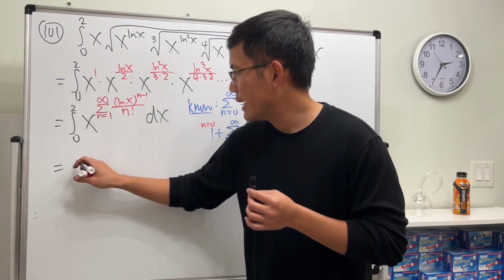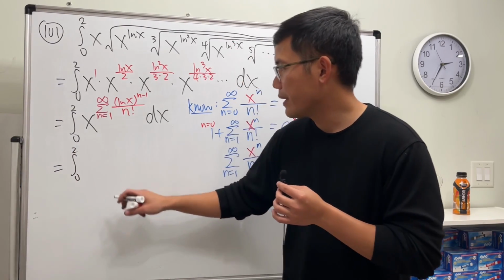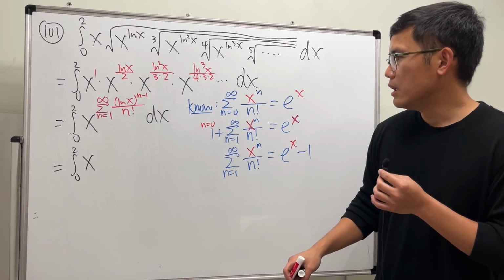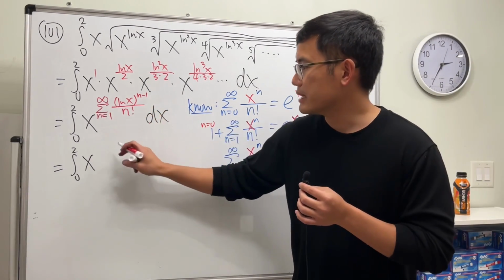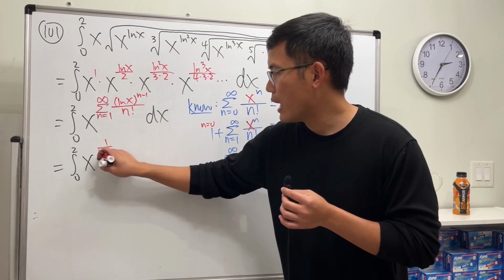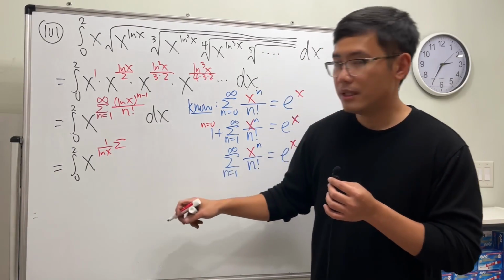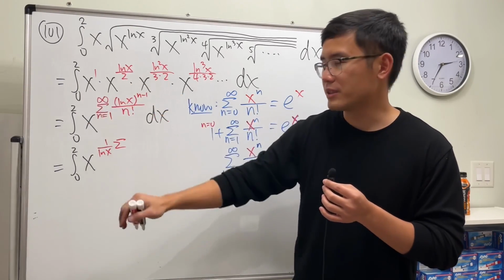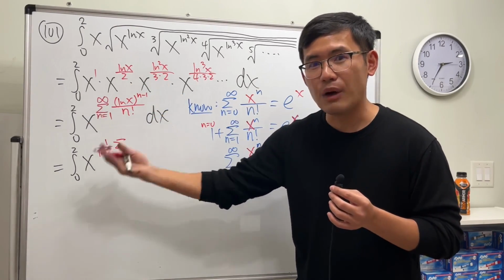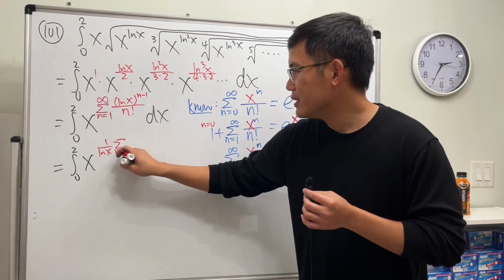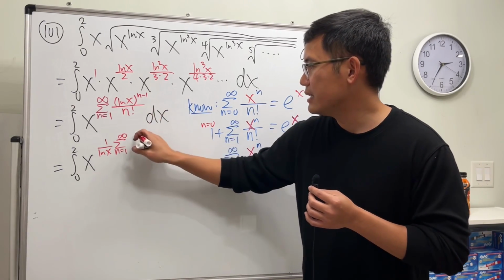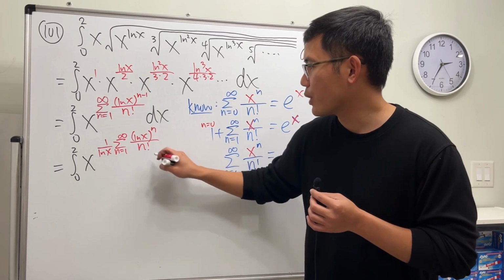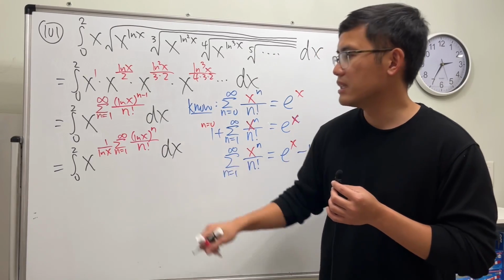I can write this as the integral going from 0 to 2 of x times 1 over ln x times the summation, because here it's in the n world, you can put the x on the outside. n goes from 1 to infinity of ln x to the n over n factorial, and then we have the dx.